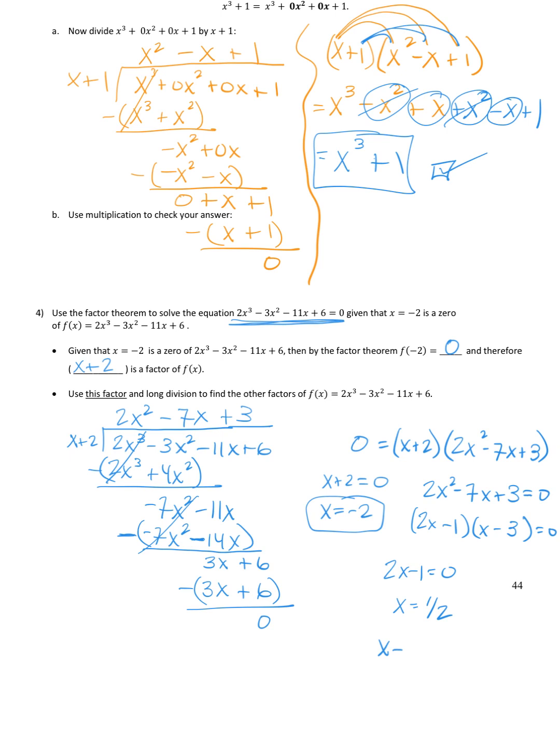Or x minus 3 equals 0, which gives me x equals 3. So I've now found the other two solutions to that equation. So if they give me 1, I was able to find the other two by doing long division to get another factor, and then setting that factor equal to 0 and solving.